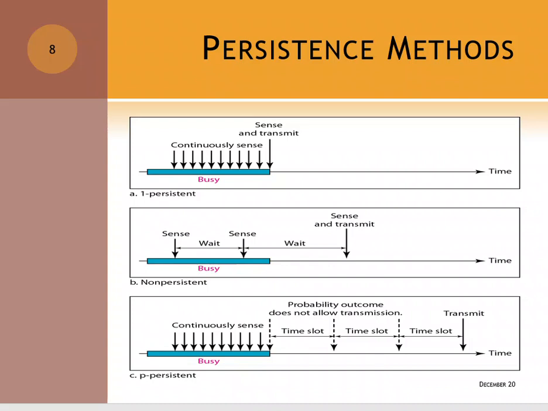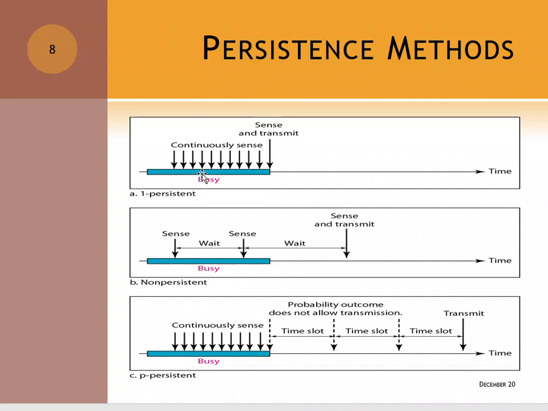CSMA persistent methods. Okay, untuk CSMA, we have 3 persistent methods. Okay, one persistent, non-persistent, P persistent. Okay, so kita tengok daripada gambar rajah ni, from this figure, we can see apa beza one persistent, non-persistent and p-persistent. Okay, one persistent, let's say one station is going to send data, so it senses the medium.